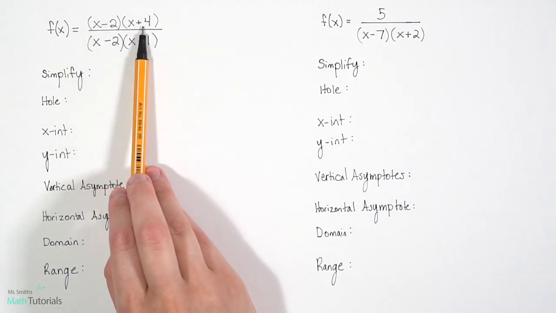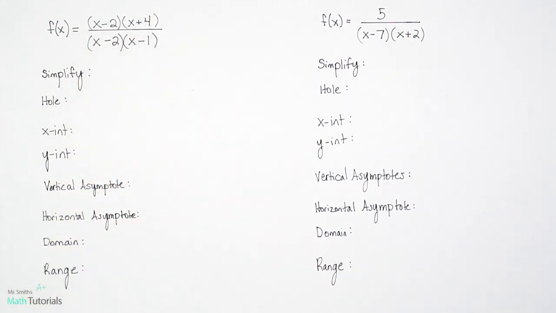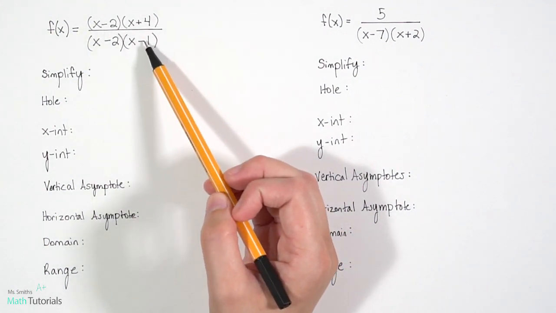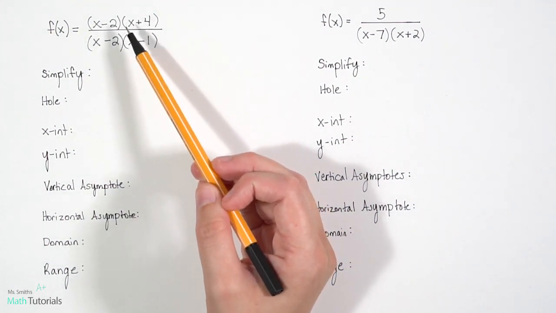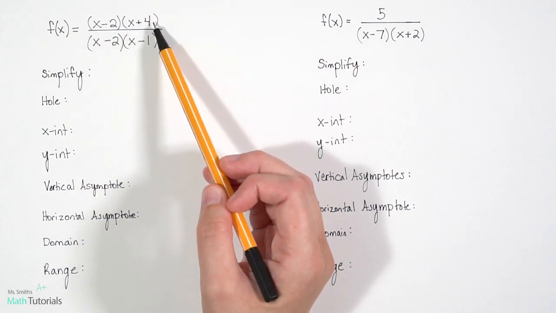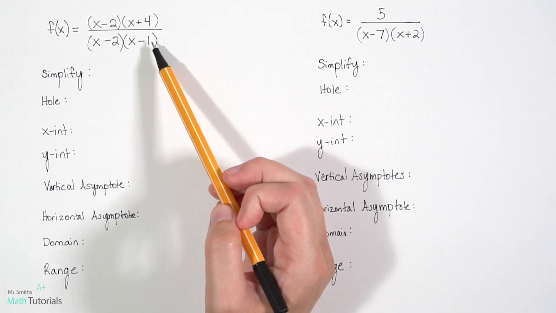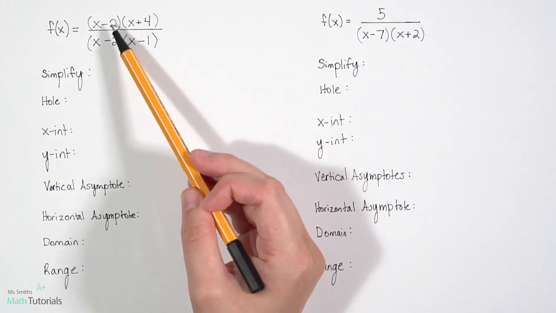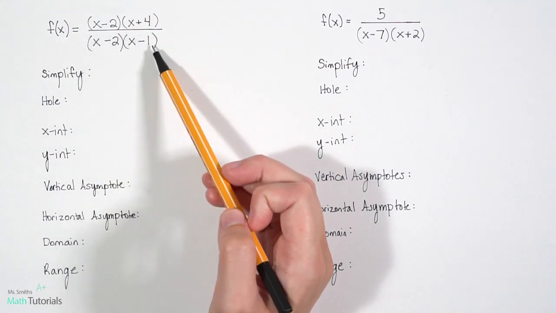So when you see parentheses, that's awesome. We don't need to do anything else to it other than moving on to that next step, which is to simplify by canceling any common factors in the numerator and the denominator. So looking at this, you ask yourself, do we have anything that shows up in the numerator and in the denominator? And hopefully you're seeing this x minus 2, right? And it doesn't matter that they're right on top of each other. I could have the x minus 2 over here.